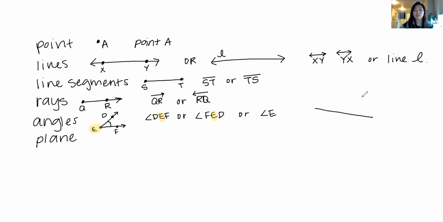For example, if I were to have something like this, let's label these. Let's say W, X, Y, Z, and A. So in this case, if I were trying to refer to this angle up here, it's not enough to just say angle A, because angle A could also be here, or here, or here.